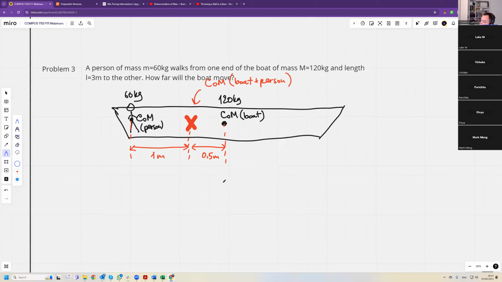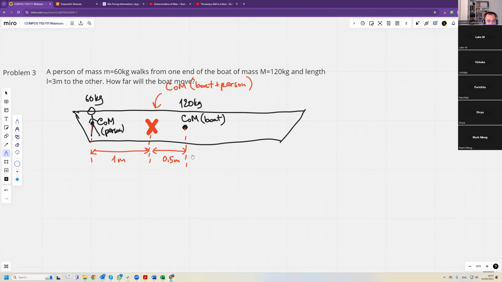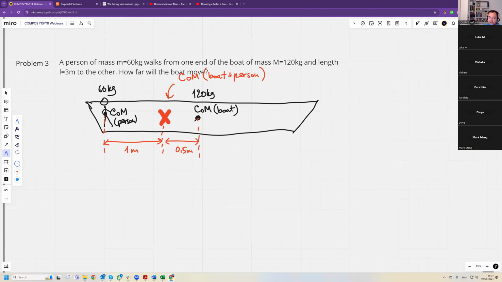So you could assume that the boat is a point, and it's right here. It's where the center of mass is, and the person is here, and this is the center of mass.